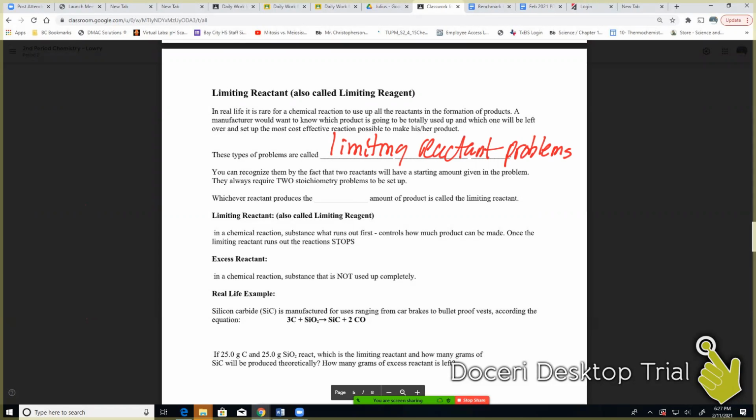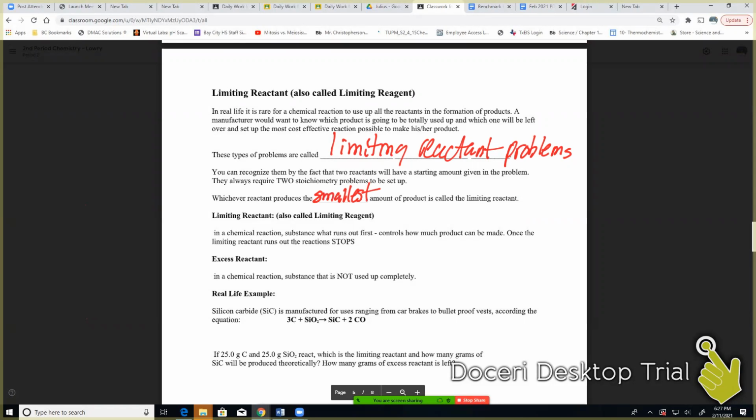You can recognize these by the fact that you have two reactants, and they both have a starting amount given in the problem. If we were to do these problems, we would have to do two stoichiometry problems. Whichever reactant produces the smallest amount of product is called the limiting reactant.